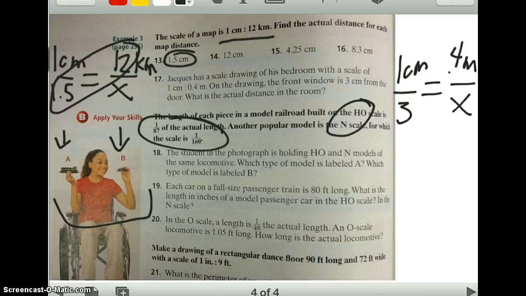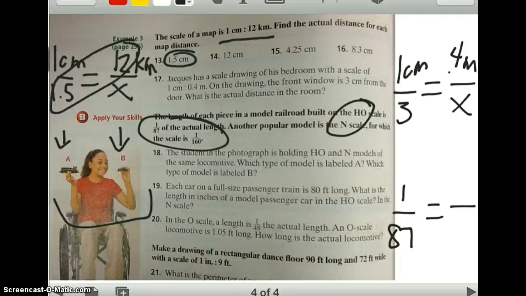But then it says, 19 says, each car on a full-size passenger train is 80 feet long. What is the length in inches of a model passenger car in the HO scale? So HO scale was 1/87. And it says that the full-size passenger train is 80 feet long.